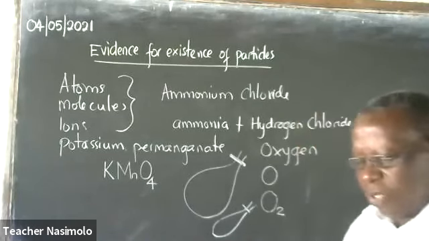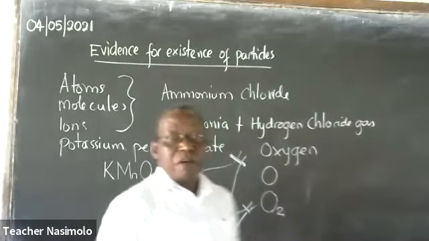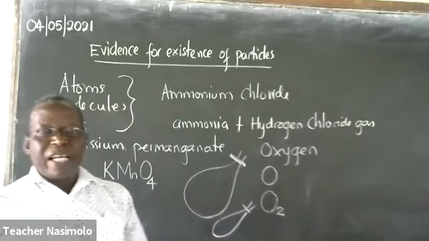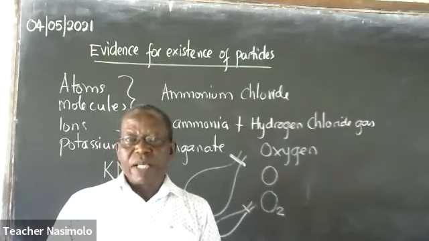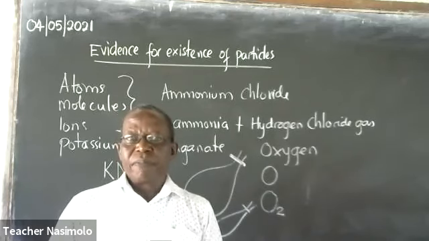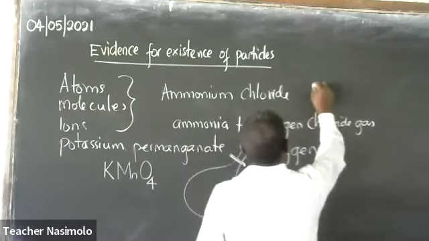Now, that process where the particles of a substance move from a place where they are highly concentrated to a place where they are less concentrated, that movement, we call it diffusion.